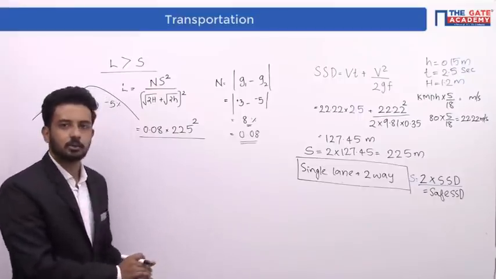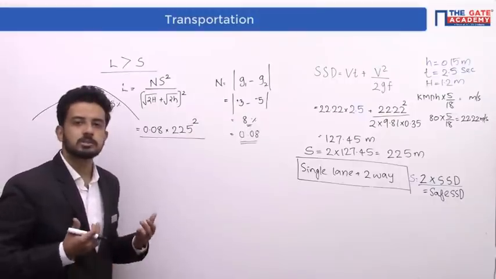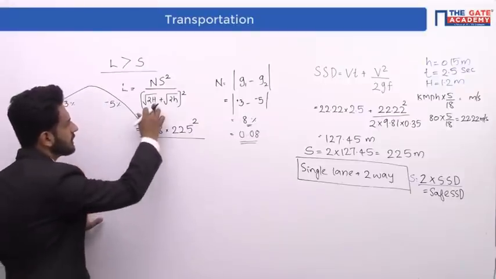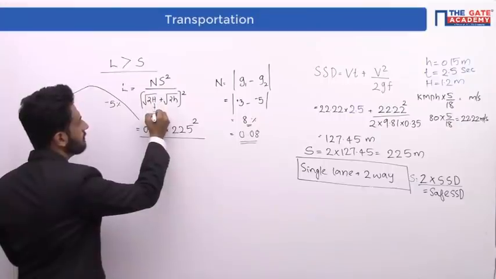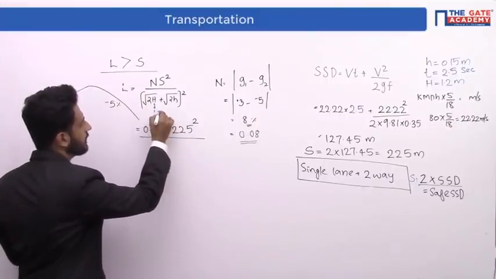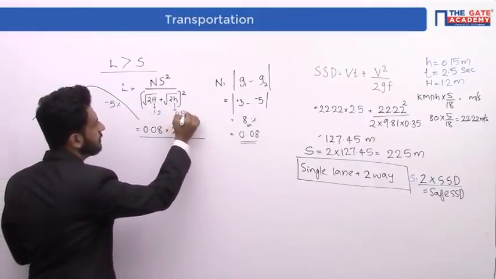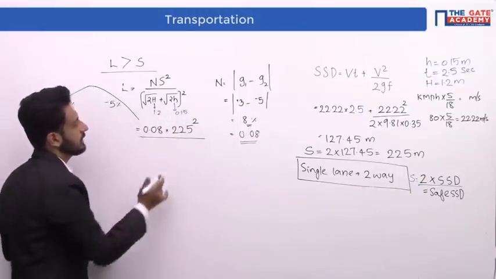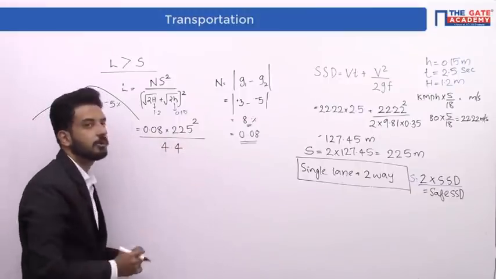See, in the virtual calculator, if you are substituting those values, you will lose so much time, correct? So if I am substituting 1.2 instead of capital H, 1.2 meter, and small h is equal to 0.15 meter, this denominator part will become 4.4.